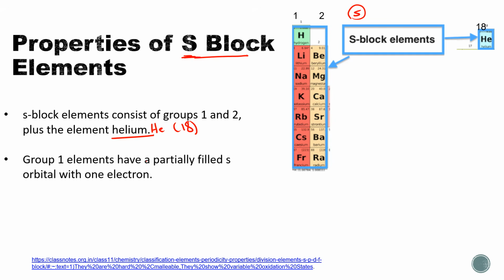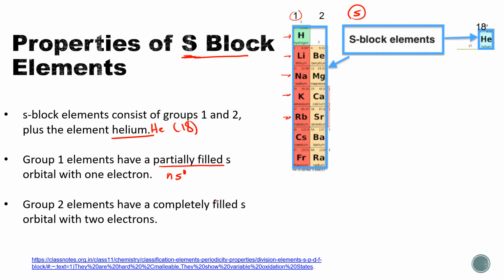Group 1 elements have a partially filled s orbital with 1 electron, meaning that group 1 elements will always end with ns1. So n is the period. It can be period 1, period 2, period 3, period 4, period 5, and so on. That's what partially filled means. It means you can only put 1 here. Now group 2 elements have a completely filled s orbital with 2 electrons, meaning it's like ns2.